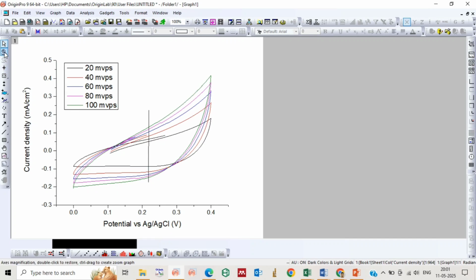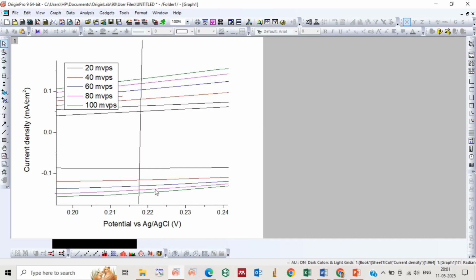So let's zoom in on this region and select this point, and by clicking here you will get the current density y value. Now note all these points at different scan rates for the anodic region and similarly in the cathodic region. So I have recorded it already.